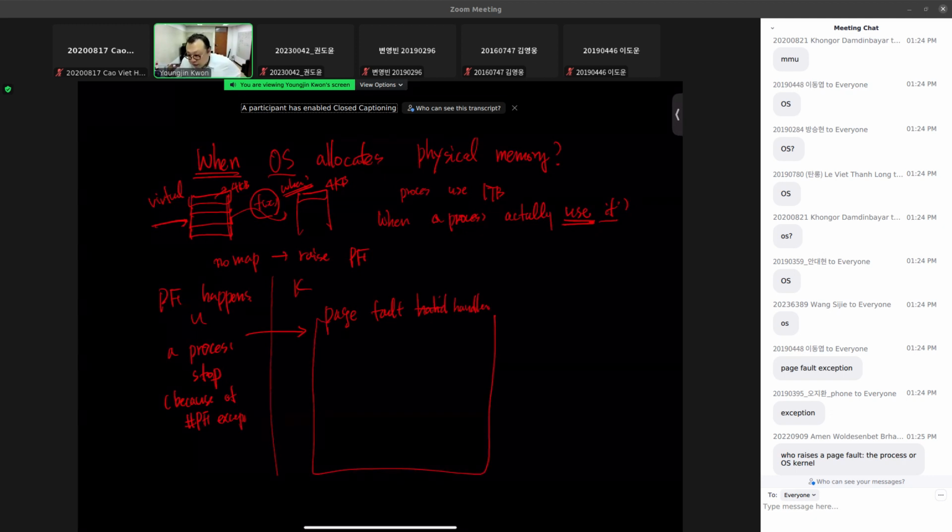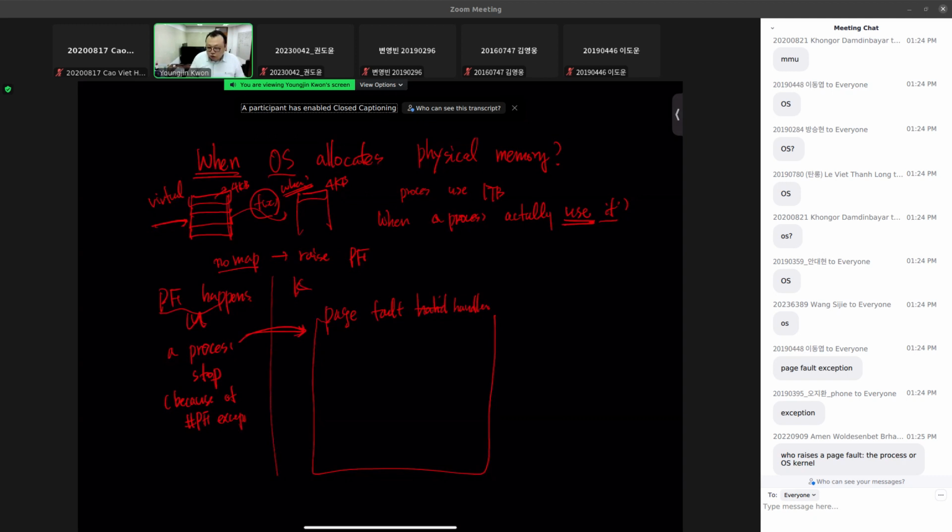Who raises a page fault, the process or the kernel? The process. The process is running in user space. When the process starts using virtual address space with no mapping, the CPU raises a page fault in the process context. So the page fault happens in user level context, then control transfers to the kernel, specifically the page fault handler.